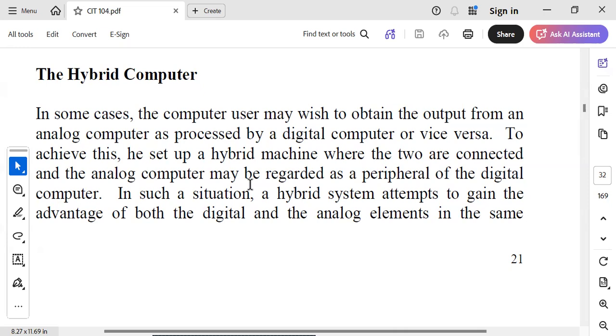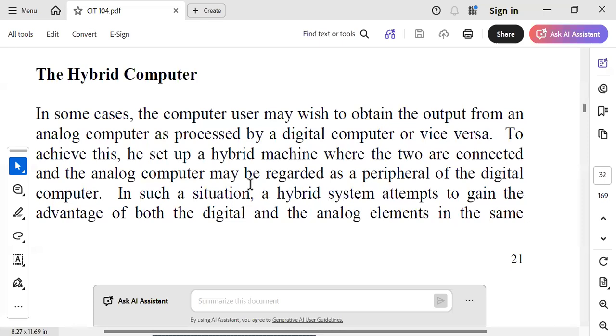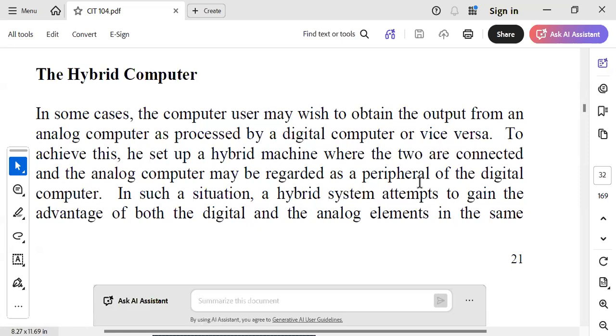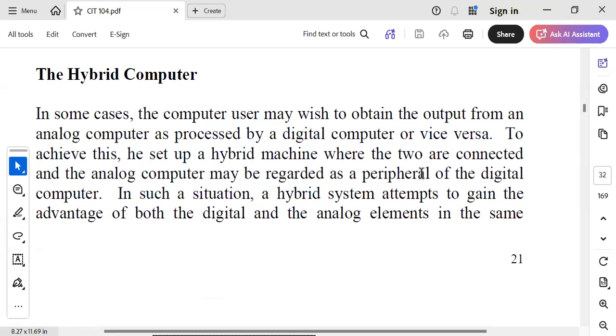In some cases, the computer user may wish to obtain the output from an analog computer as processed by a digital computer or vice versa. To achieve this, he sets up a hybrid machine where the two are connected, and the analog computer may be regarded as a peripheral of the digital computer.